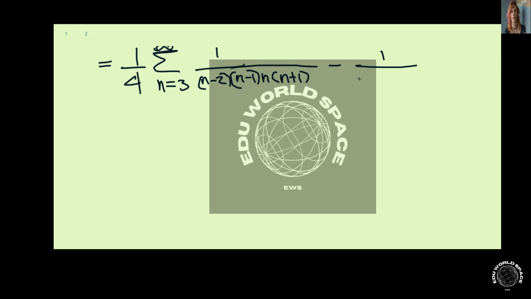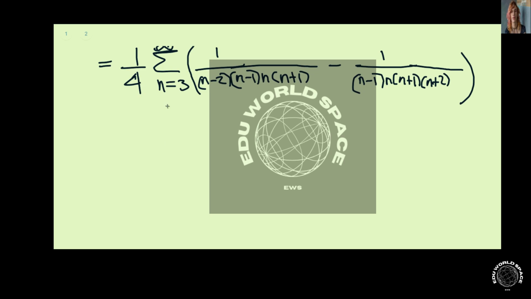And then in the denominator, n minus 1, n plus 1. And then n plus 2. So now let's just put parentheses around this to make sure the whole thing is inside the sum. Now we should rewrite this as a limit.